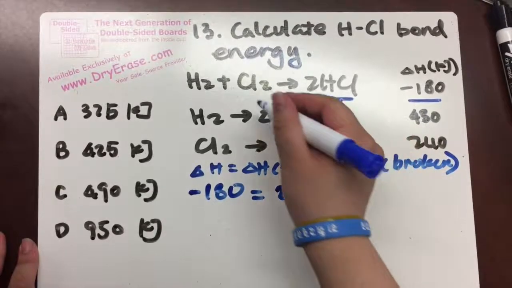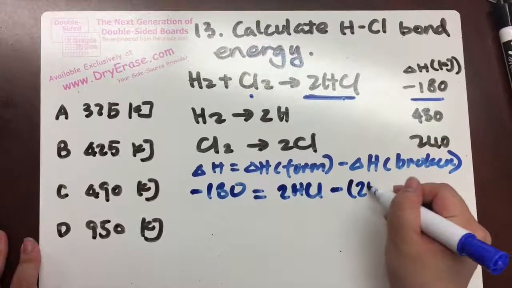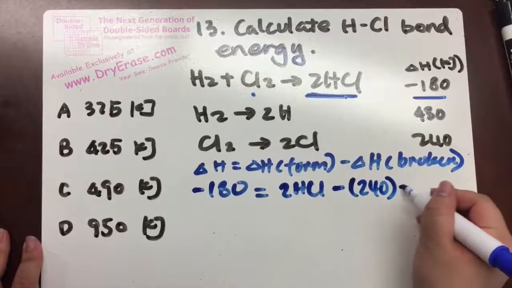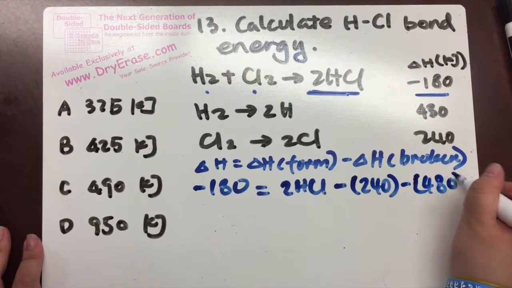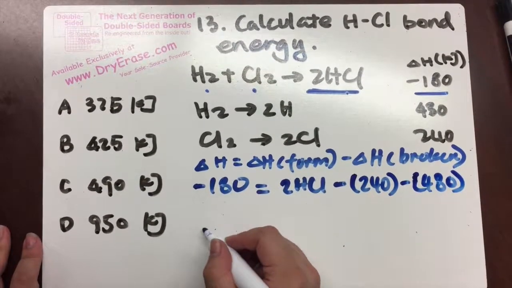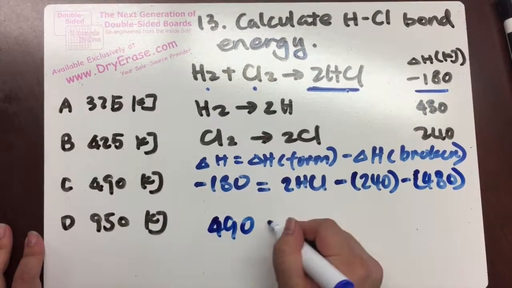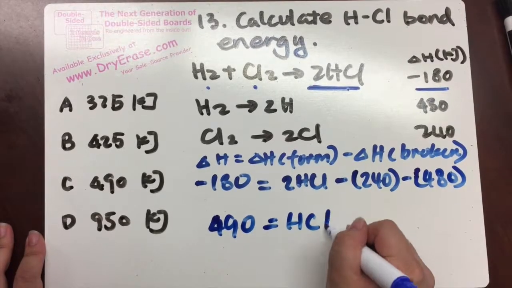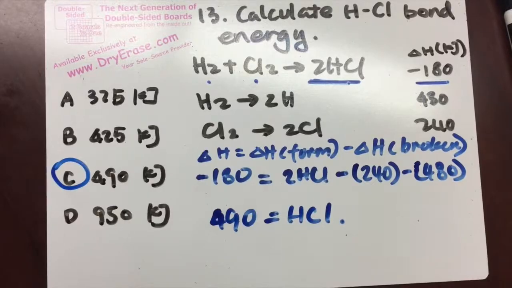And then we minus Cl bonds, which is 240 kilojoules per mole, and then we minus H bonds, which is 480 kilojoules per mole, and then we get the final answer, which is 490 kilojoules, which is C.